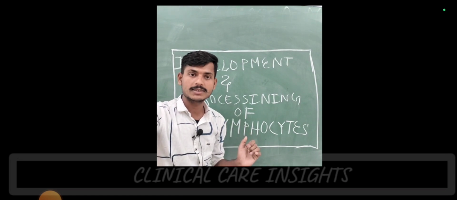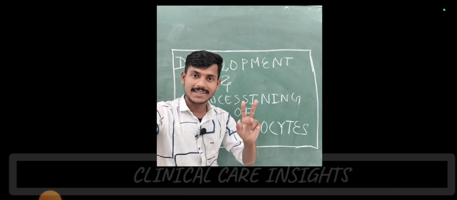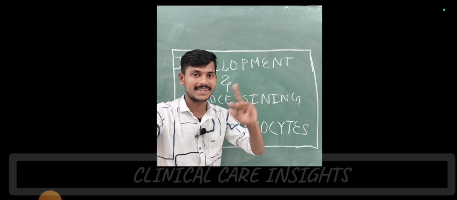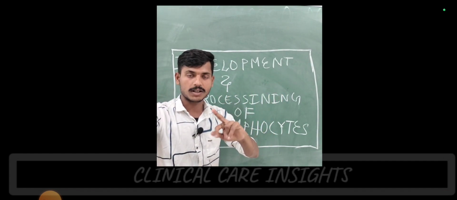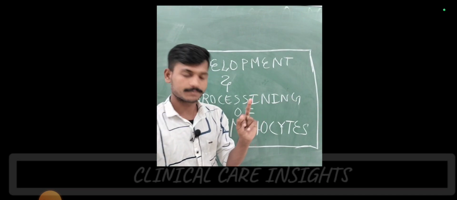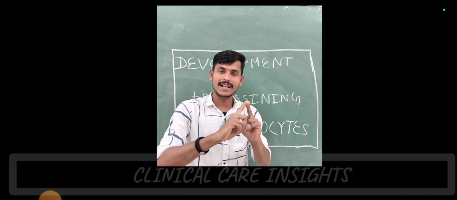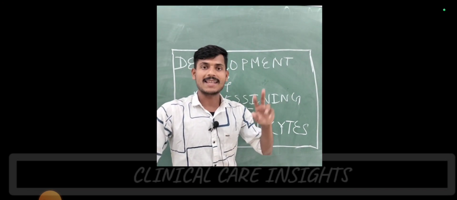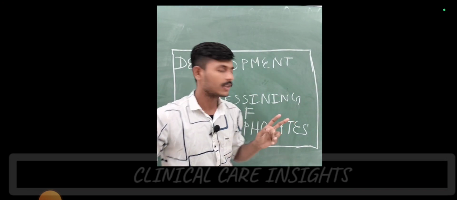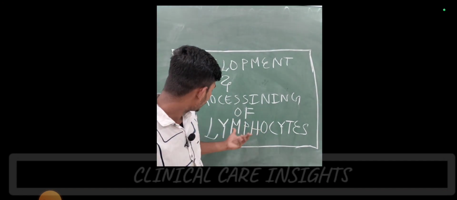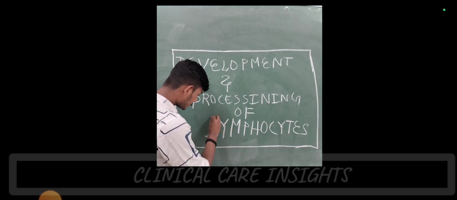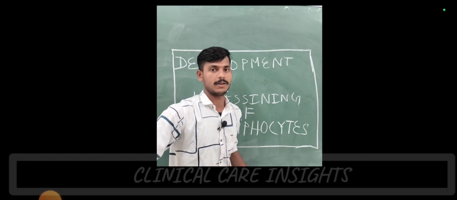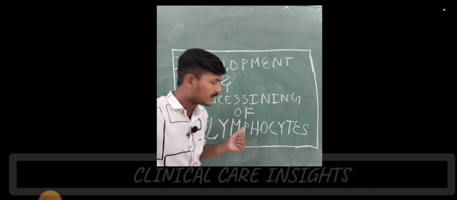What are the lymphoid organs? Lymphoid organs are classified into two types: the primary lymphoid organ and the secondary lymphoid organ. Primary lymphoid organs are the thymus and the bone marrow.